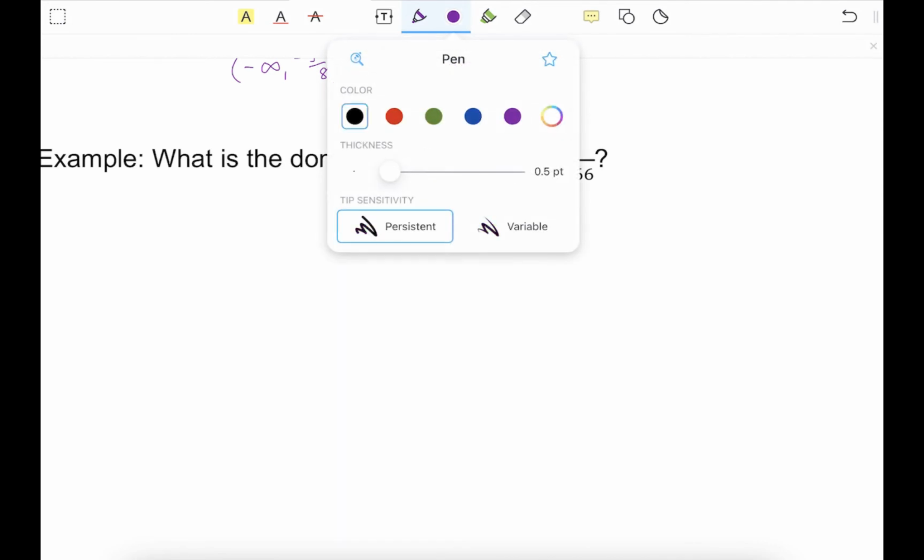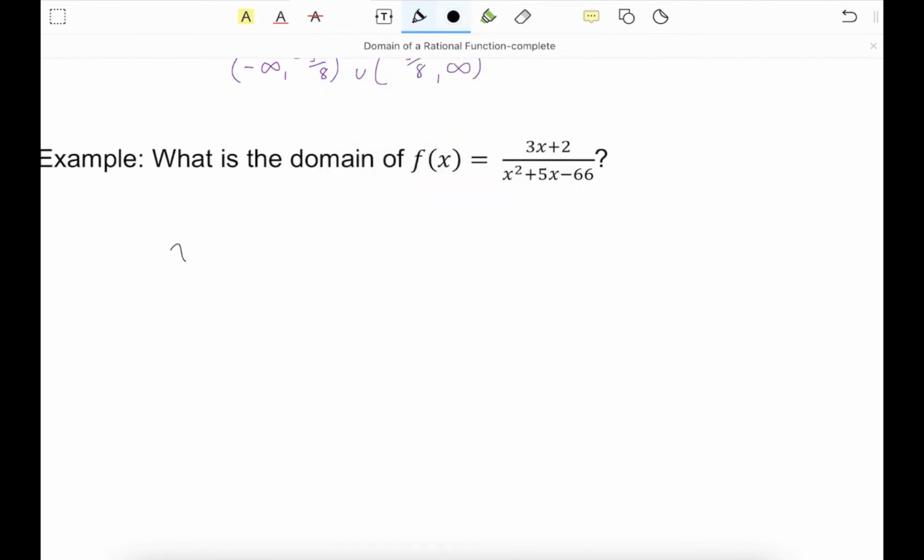For this one, we'll take the denominator, set it equal to 0. I could solve this using the quadratic formula, or it looks like I could factor it. So x plus 11, x minus 6, they multiply to negative 66 and they add to 5.